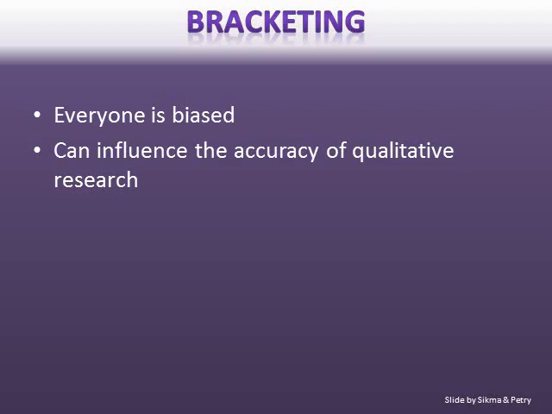If you care about something and have ideas about it already, there's a possibility that your biases may come into your study and affect how you interpret what people are saying to you. So this is a really big issue for producing qualitative research because you could not accurately represent people's opinions.